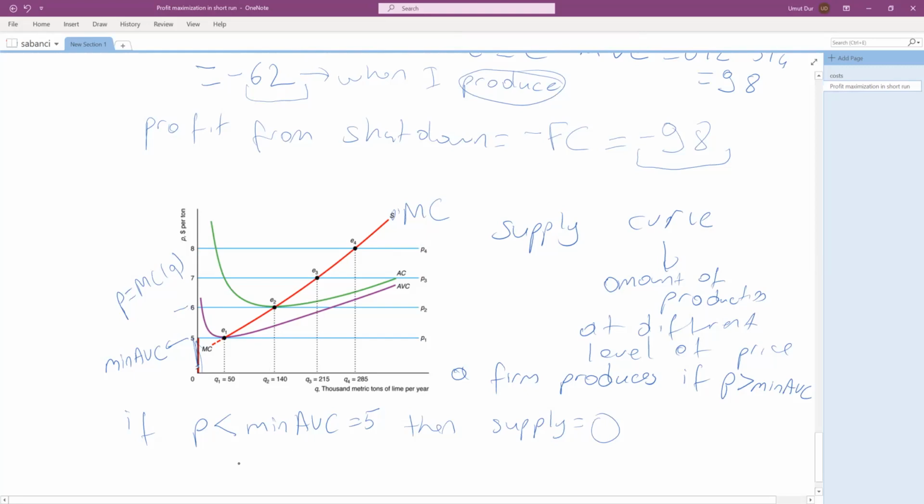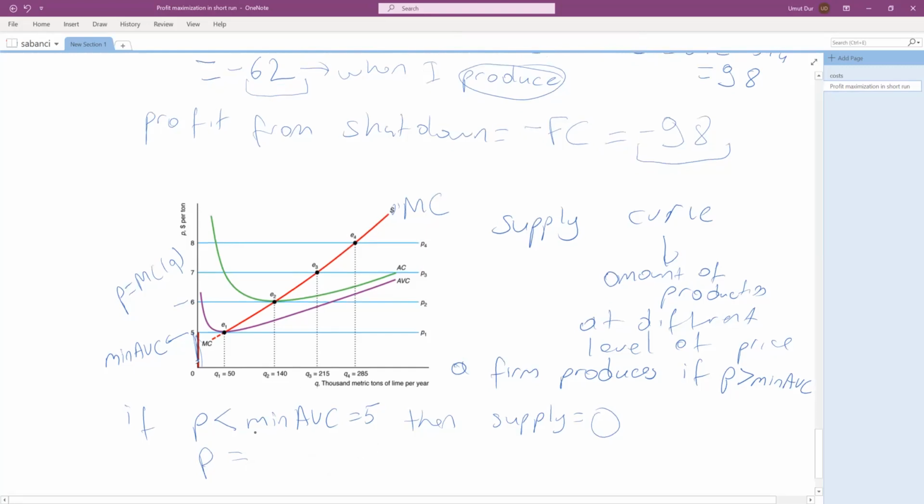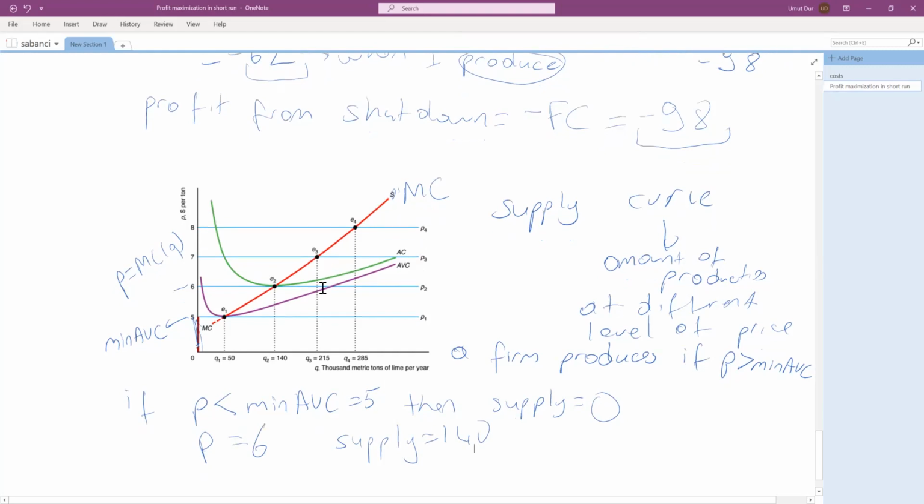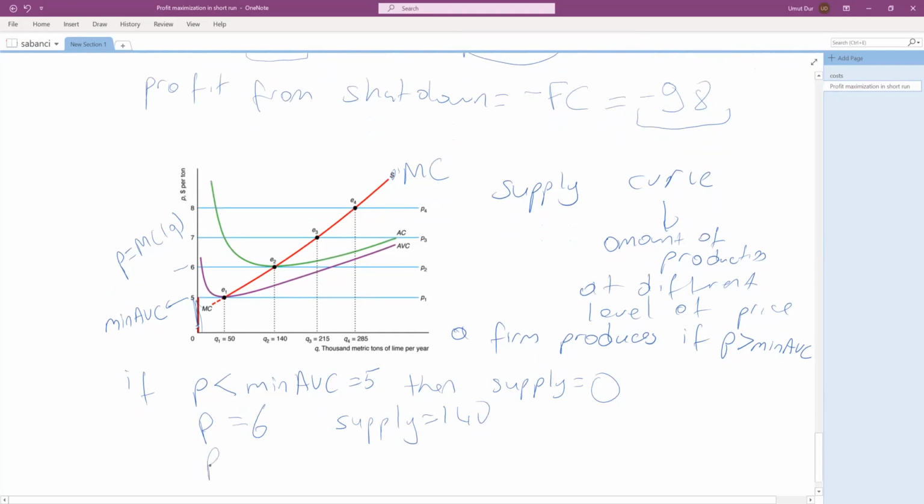Actually, what did you do here? Okay, if price is 6, then the supply is 140. If price is 7, what is the optimum level of the production? Exact. Okay, which is exactly in fact the supply.